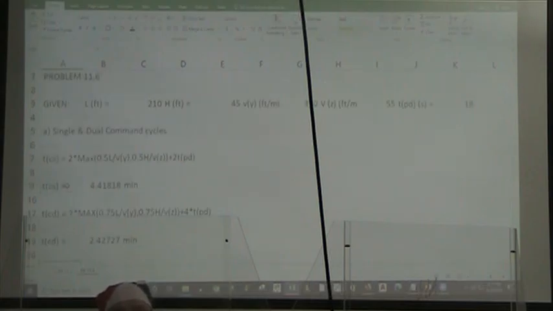All right, we've got a 2-to-1 ratio on single command and dual command.